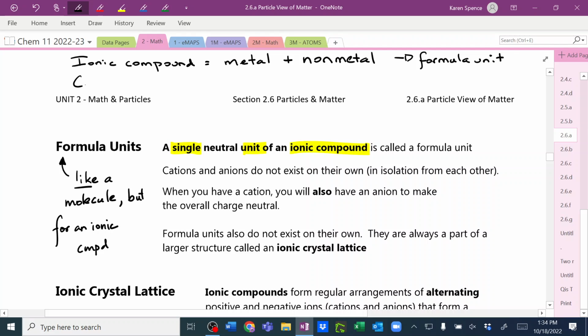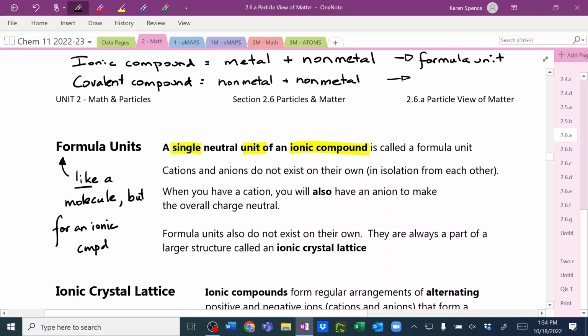If we have a covalent compound, what are those made of? Nonmetal plus nonmetal. And those don't make formula units.